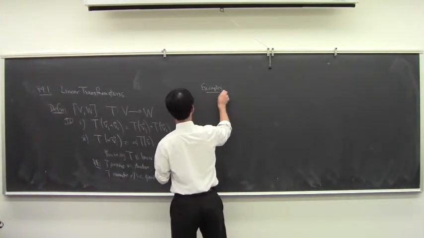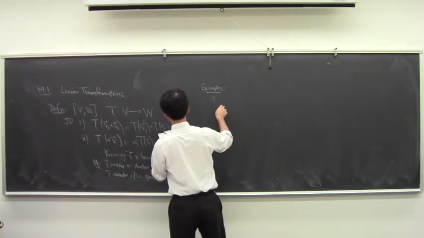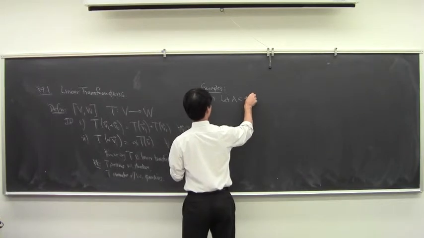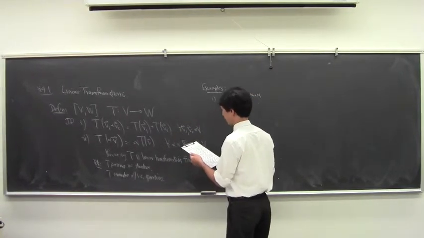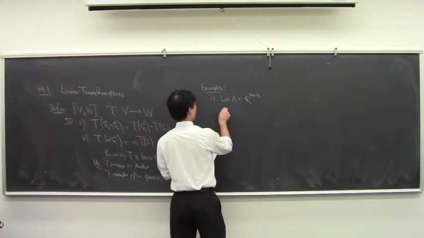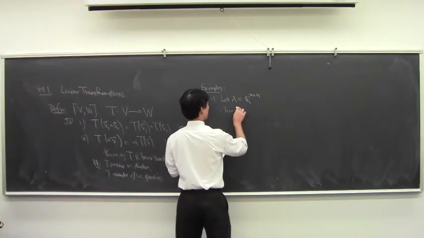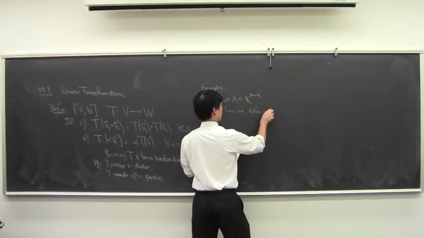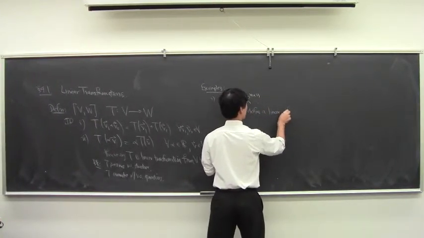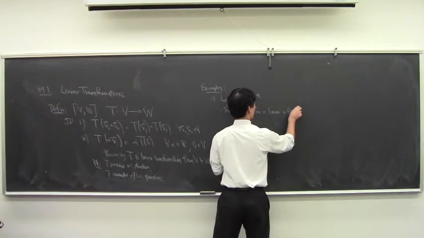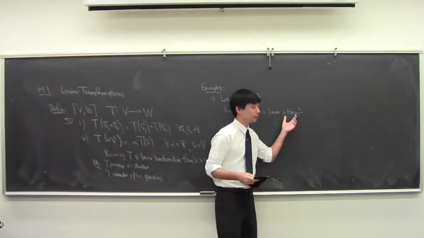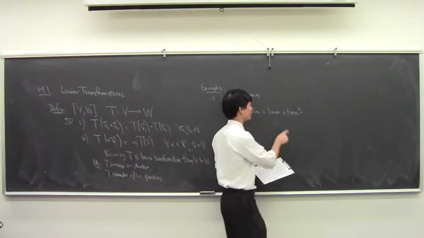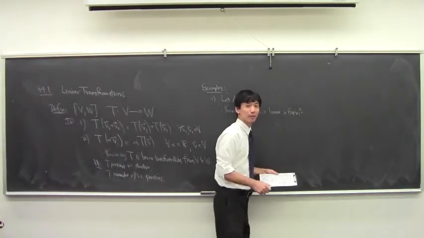A bunch of examples. First, the obvious one. Let A be an n by n matrix. Then we define a linear transformation, and I always use this abbreviation for transformation, "xform."